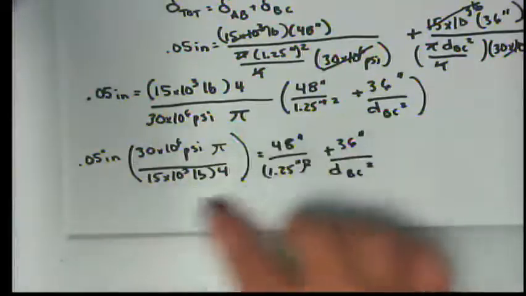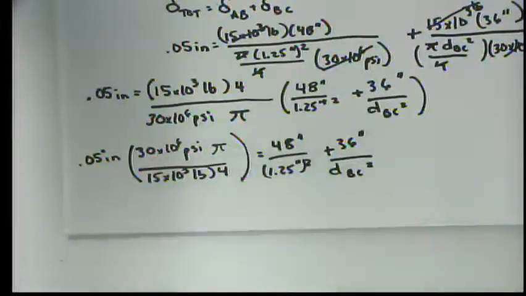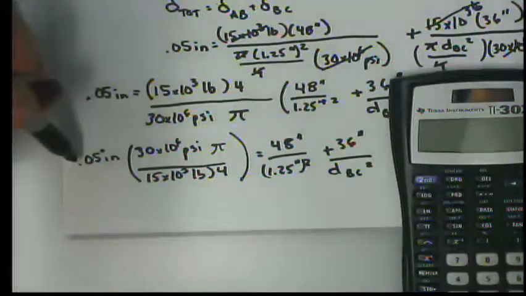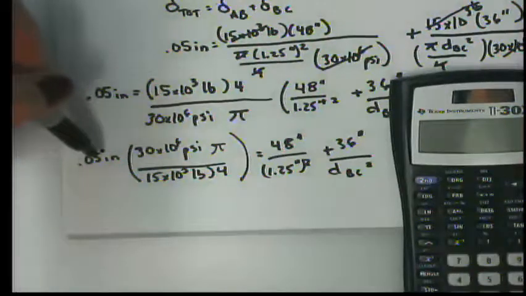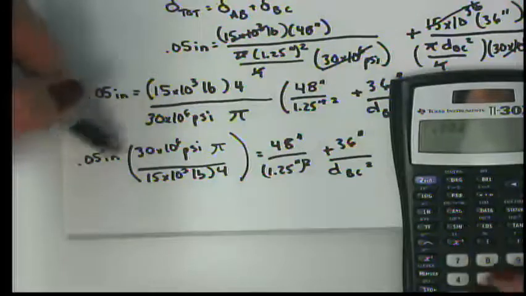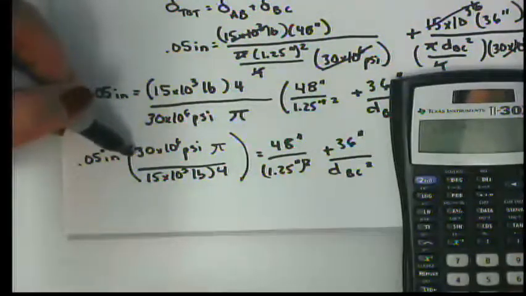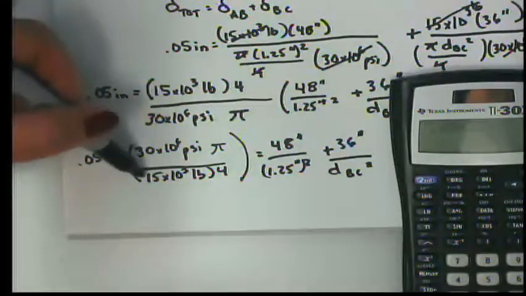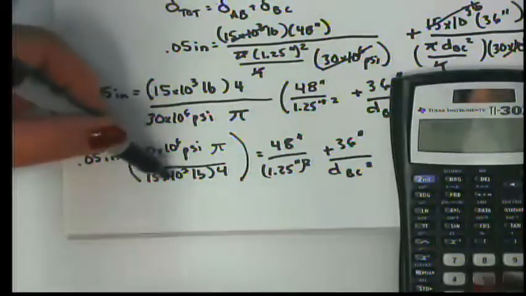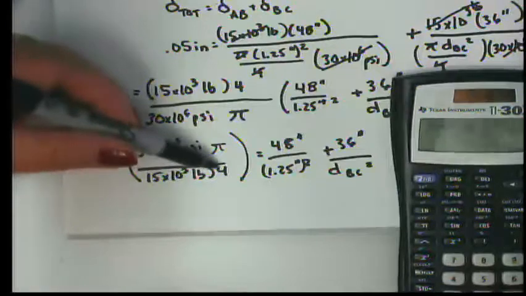The next thing I'm going to do is to find a numeric value here and work out my units. So, turn on my calculator because it turns itself off all the time. Okay, 0.05 times 30 times 10 to the 6th divided by 15 times 10 to the 3rd and divide again by 4.